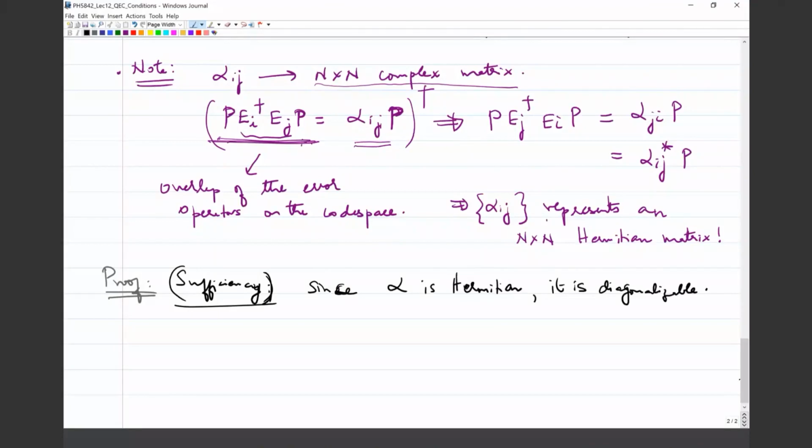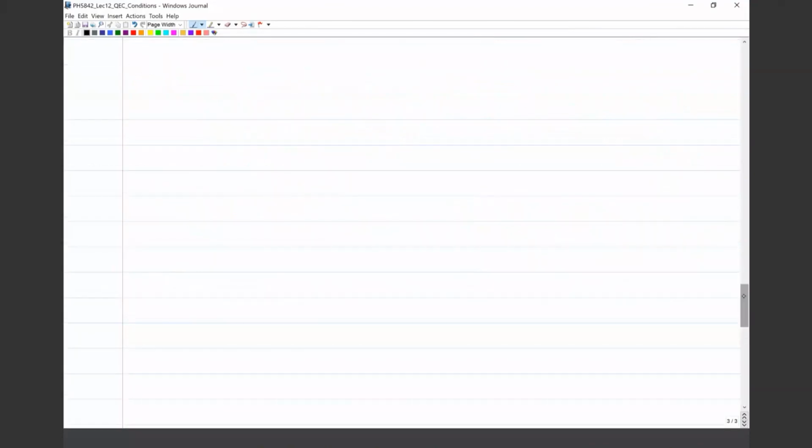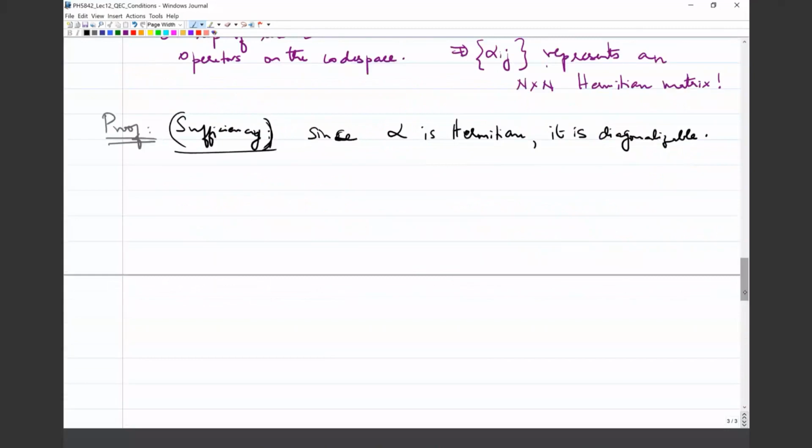So let's write down that unitary and that diagonal form. There exists a U, which is unitary, such that U dagger alpha U is a diagonal matrix D.